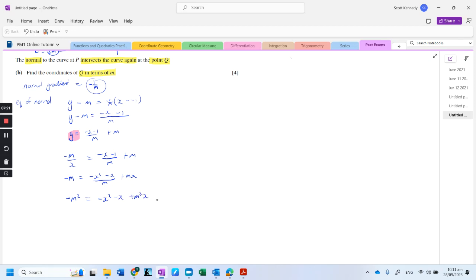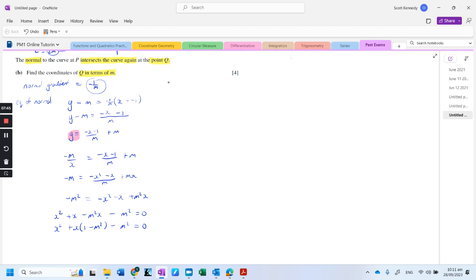Now we're going to bring everything across to the left-hand side. So I get x squared plus x minus m squared x minus m squared equals 0. Now I'm going to factorize out the x's. So I've got x squared plus x into 1 minus m squared minus m squared equals 0.